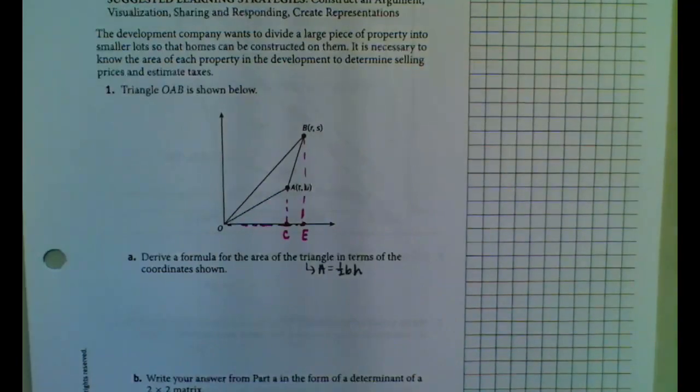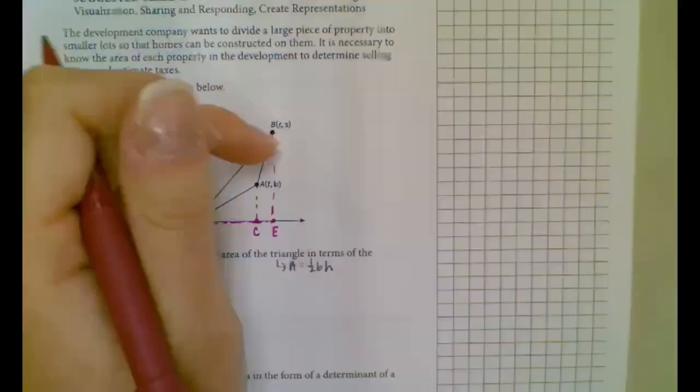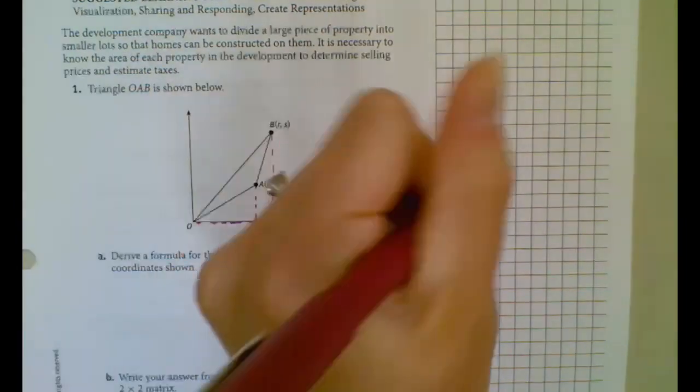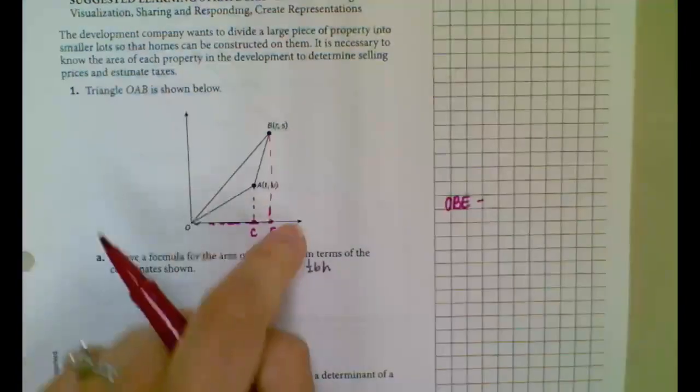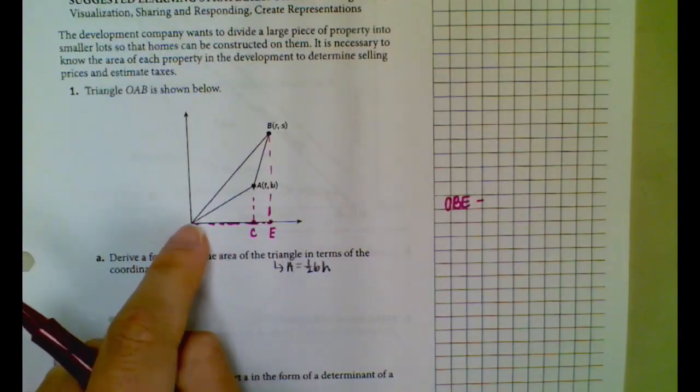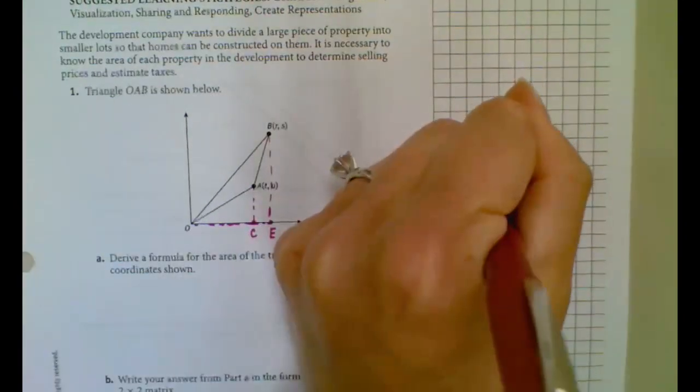Essentially what I'm going to be doing is taking the big triangle OBE, and I'm going to subtract triangle OCA from that.